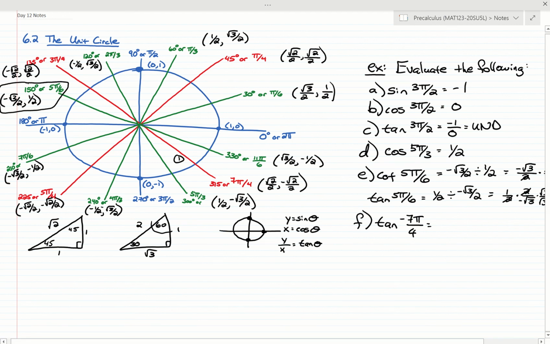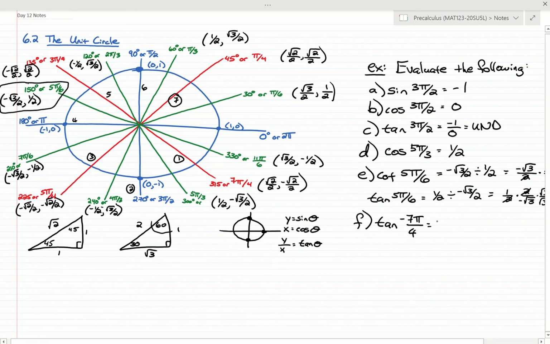Once, twice, 3 times, 4 times, 5 times, 6 times, 7 times. So negative 7π/4 would put us right here. That's actually negative 315 degrees, but we didn't even have to convert that. We just went 7 45-degree increments around.